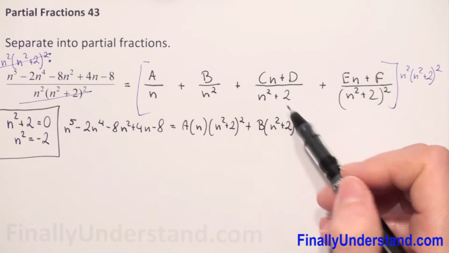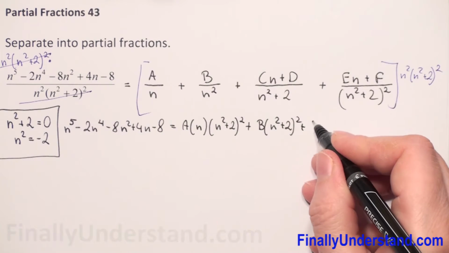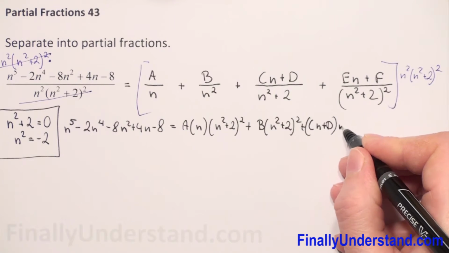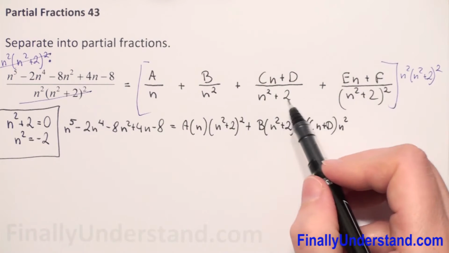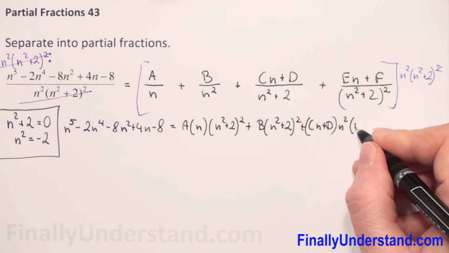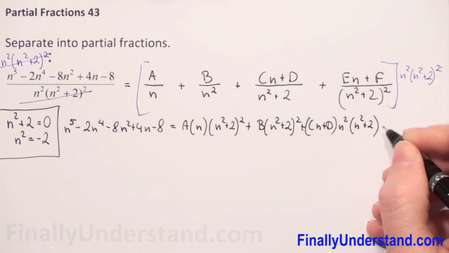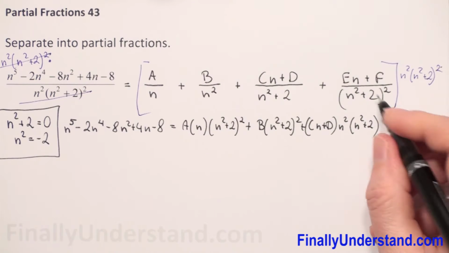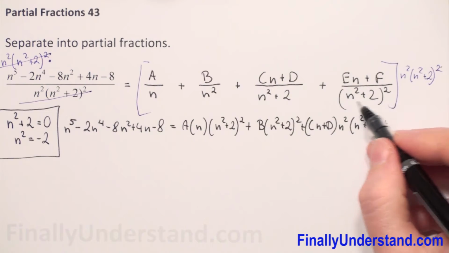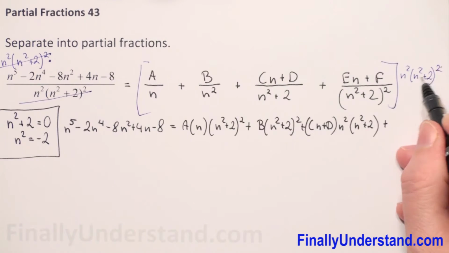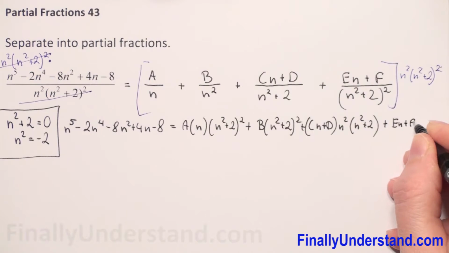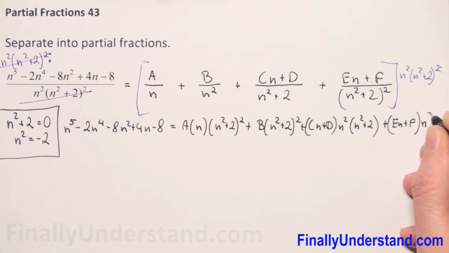The third fraction, we will have Cn plus D times n squared, and n squared plus 2 reduces with the square, so only times n squared plus 2. And from the last fraction, n squared plus 2 to the second power reduces, and we will have only En plus F times n squared.